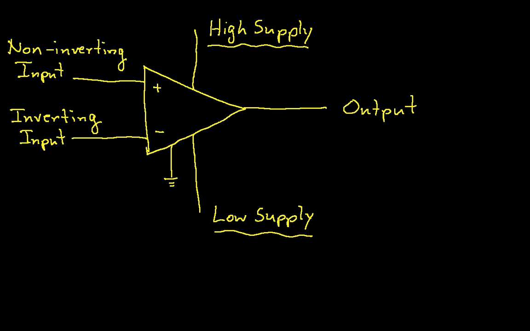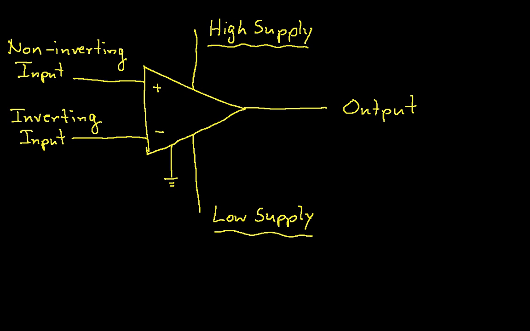And the high supply you typically connect to a voltage source somewhere between 15 and 5 volts, depending on the op-amp. The low supply you connect to typically negative 15 to negative 5, although it's becoming more and more prevalent to have op-amps where the low supply is 0 and the high supply is, say, 5 volts.